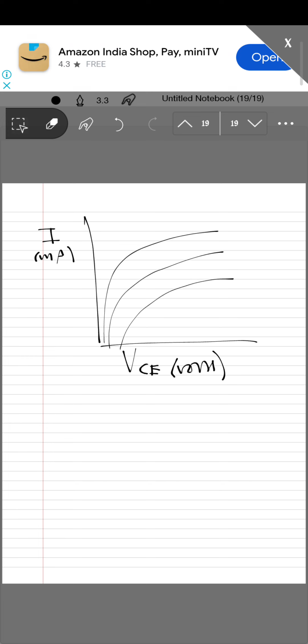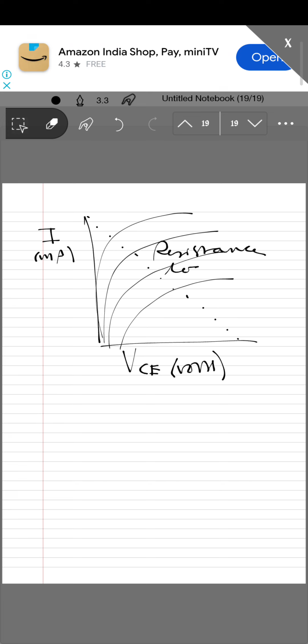As the intensity of the light increases, we also plot something called a resistance load line.